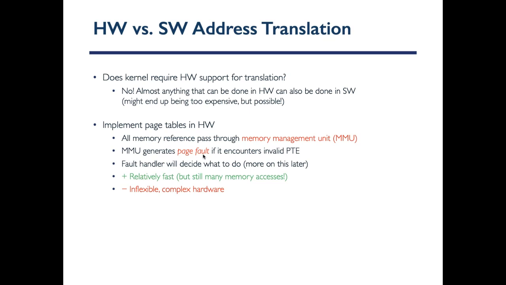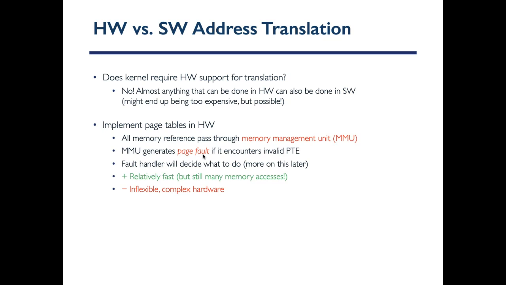It might be that the page is actually not allocated, so it's a bad fault and you have to terminate your program. It could be invalid because you want lazy allocation: you allocate less at the beginning, and then when the page fault happens, the operating system allocates it, so the program doesn't see it.